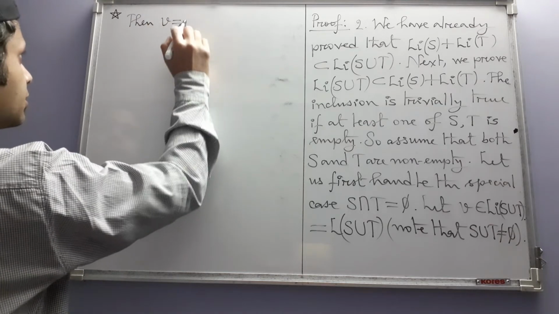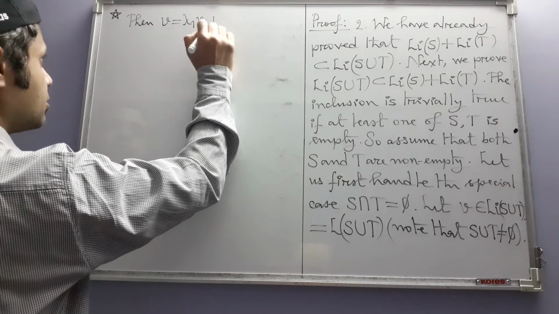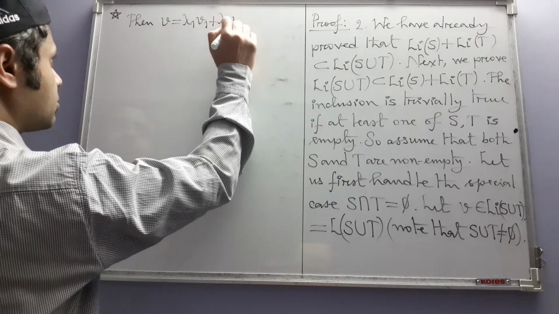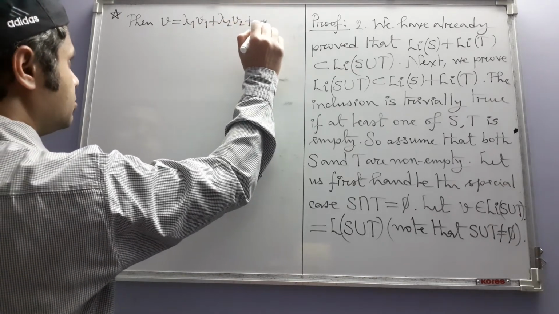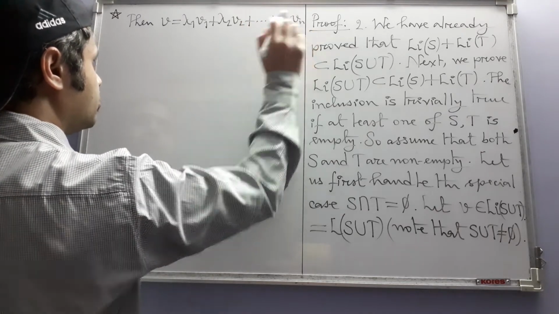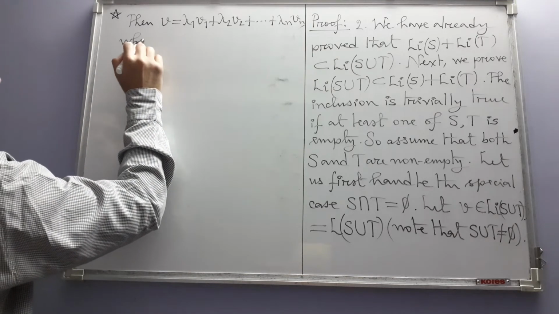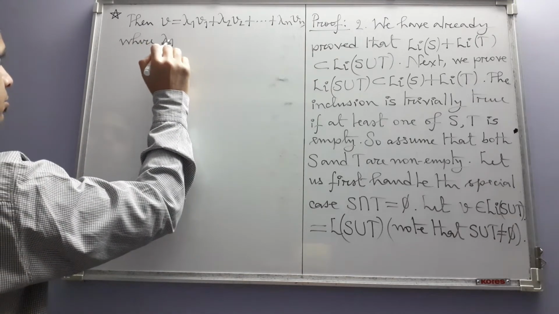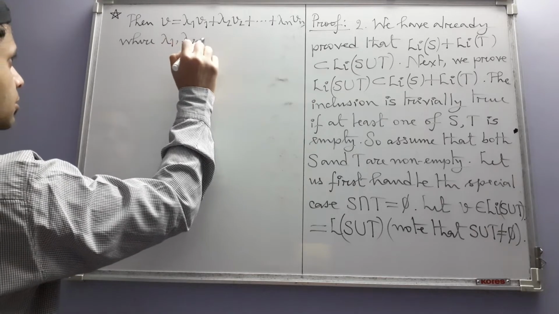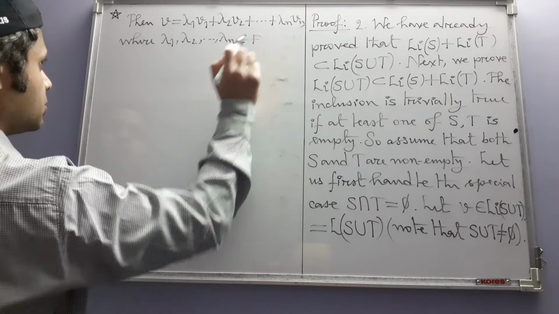Then V is equal to, say, lambda 1 V1 plus lambda 2 V2 and so on, lambda n Vn, where the scalars are coming from the underlying field.